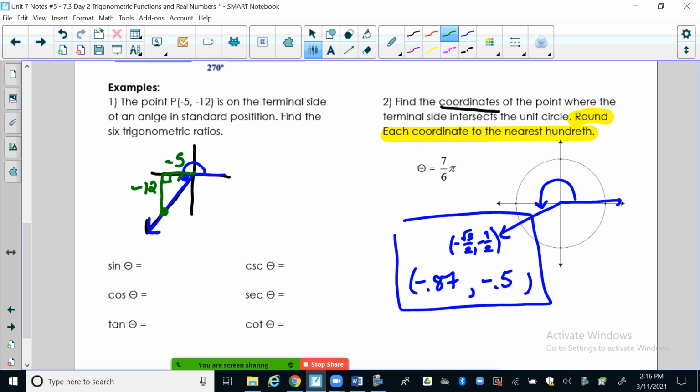So theta is always the angle made with the x-axis. To get my hypotenuse, this is a triple. This is a 5, 12, 13 right triangle. If you do not know that Pythagorean triple by heart, you can do Pythagorean theorem to get the hypotenuse as well.